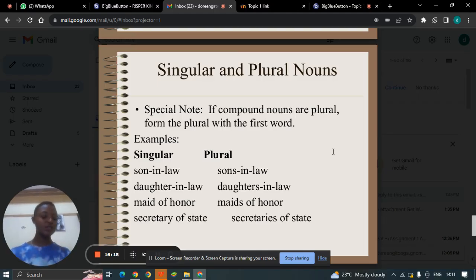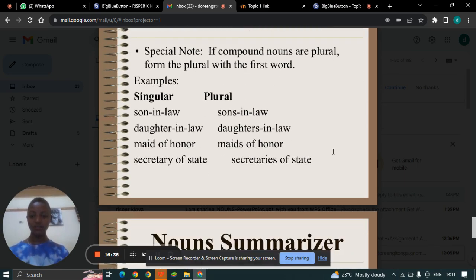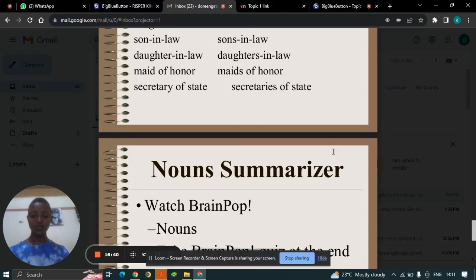You make that word plural by adding s to the first part of it. For example, maid of honor, we say maids of honor. If it is Attorney General, we say Attorneys General.